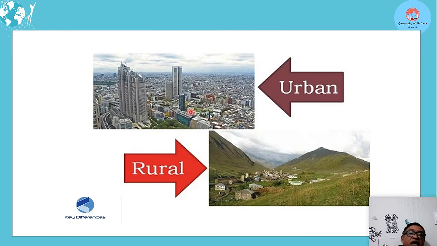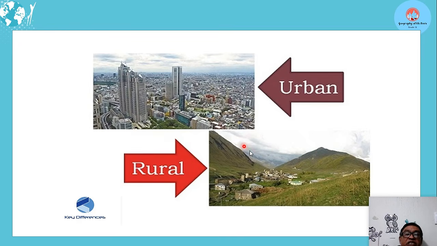Another thing about the urban area is that it is multifunctional. It has secondary activities such as manufacturing, and it has services, your tertiary activities, such as banks, educational facilities, etc. When we look at the rural area, we don't see this major density and infrastructure.